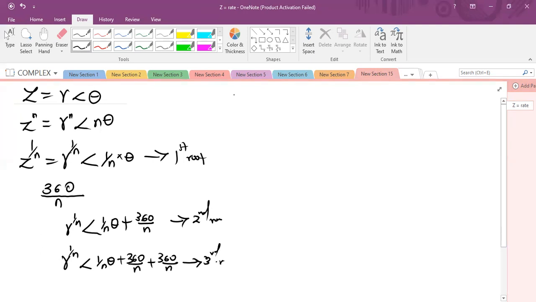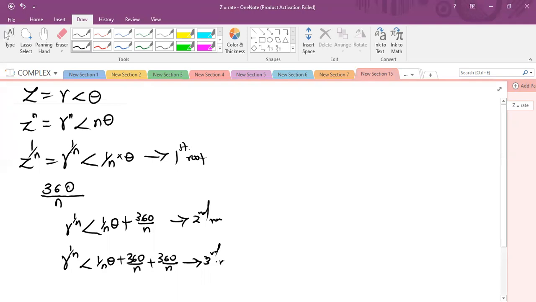So let's take up an example and see how exactly that plays out. Given a particular complex number, you're told to get the root. So let's take up an example, roots of complex numbers.